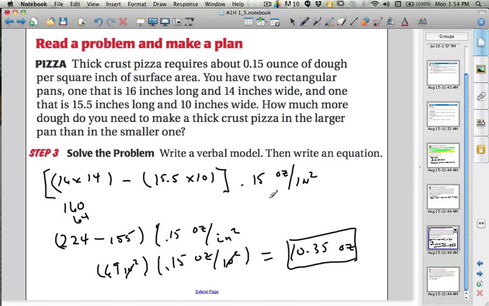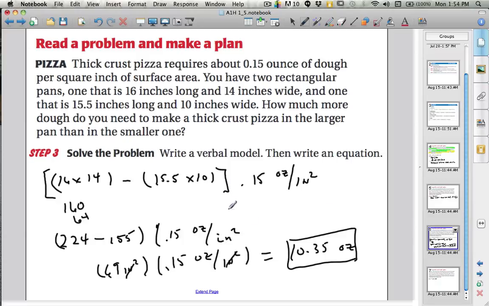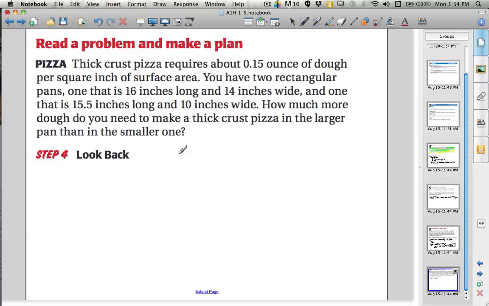That sounds about right. I'm just estimating 0.15 times these values. It sounds like it's going to be about right. So it's a logical answer. I don't have any type of an equation that I could plug it back into to check other than the one I've already used. So there's not a lot else I can do, but it's a reasonable amount.